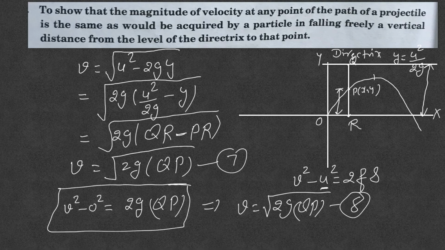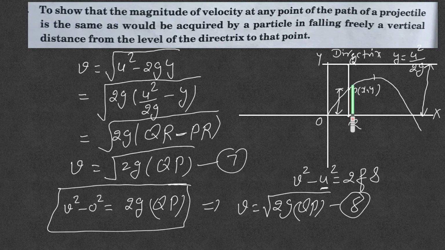So from equations 7 and 8, it is clear that we have proved that the magnitude of velocity at any point of the path of the projectile, given by 7, is the same as would be acquired by a particle falling freely a vertical distance from the level of the directrix to that point, meaning from here to here.